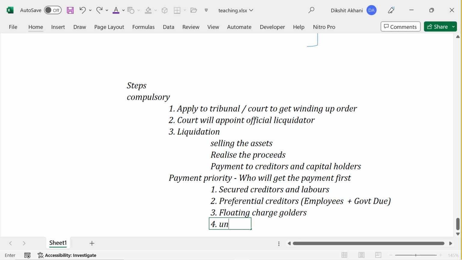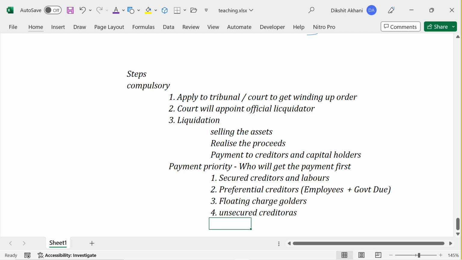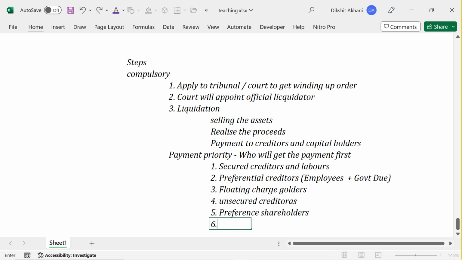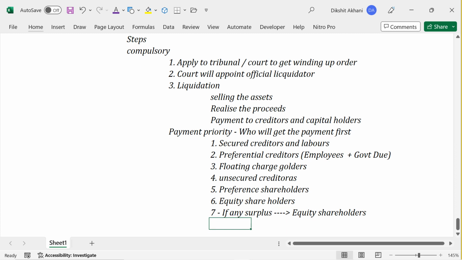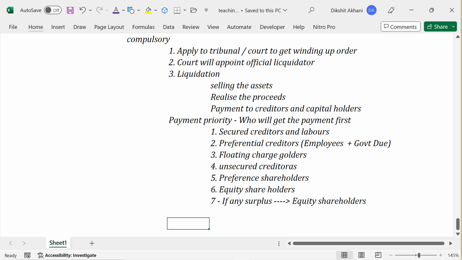Fourth is unsecured creditors. Fifth one is preference shareholders. And the sixth and the last one is equity shareholders. If any surplus is there, then again give to equity shareholders. So this is the payment priority you need to remember.